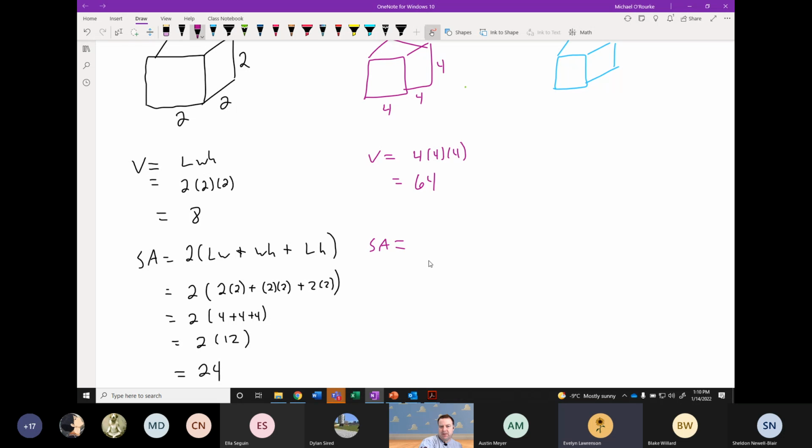Our surface area, we have a different response here. Oops, that's not a 4. 2 times 4 times 4 plus 4 times 4. Oh, I think you just forgot the, yeah, that's no problem. 4 times 4. 2 times 16 plus 16 plus 16. That's going to equal 192.